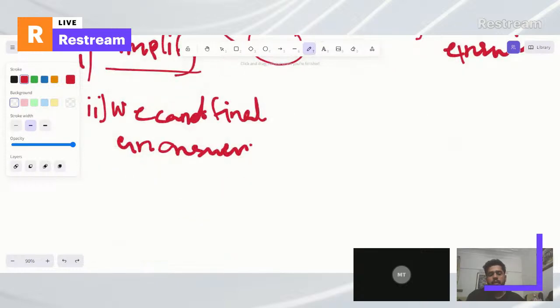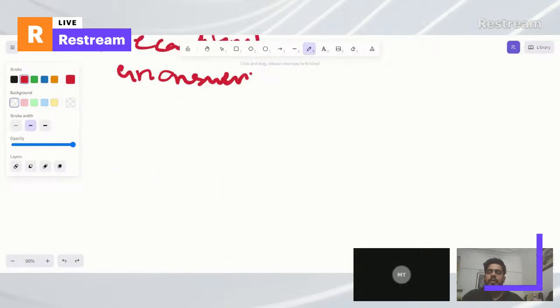All right, so let's say I have the expression 2x plus 7, right? This is something that I just wrote.